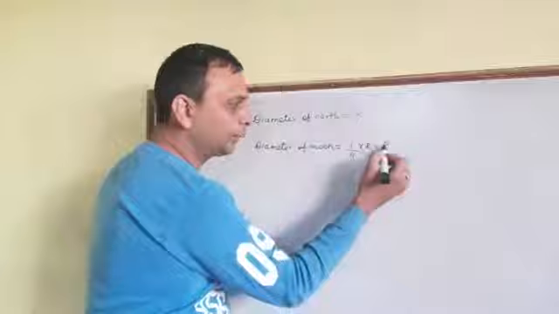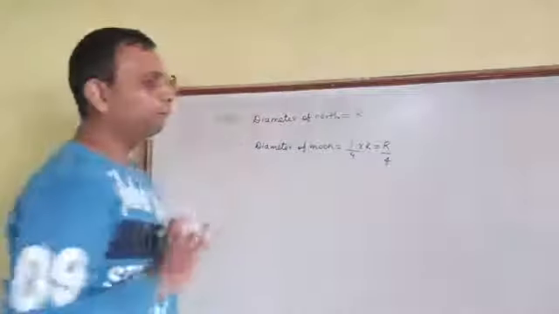So we can write it as r/4. This is the diameter of the moon.